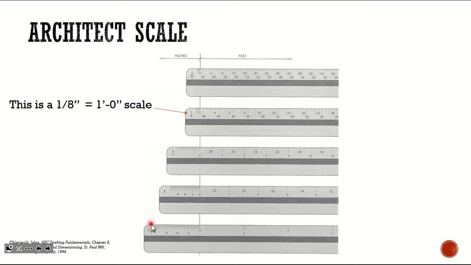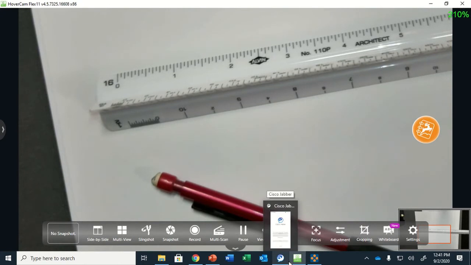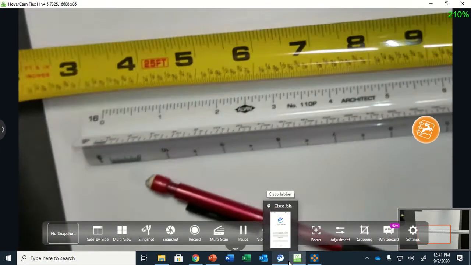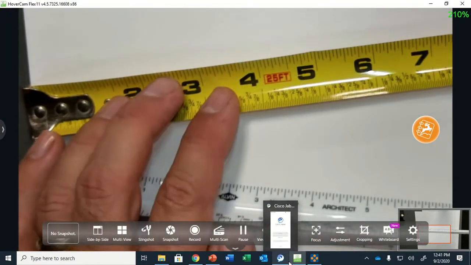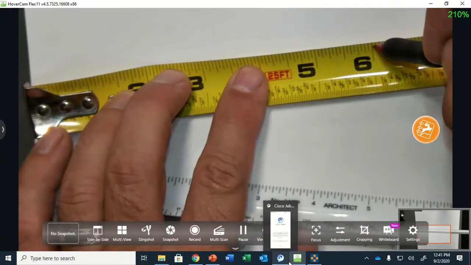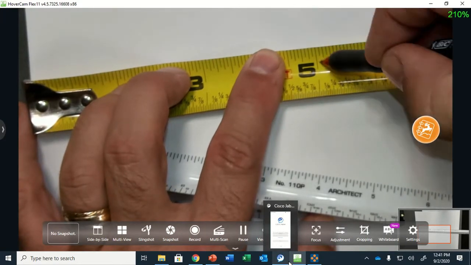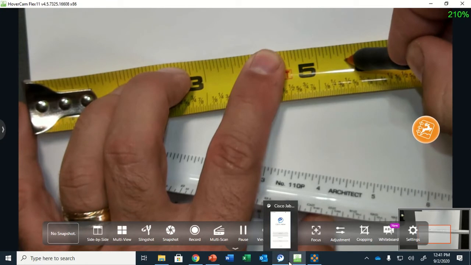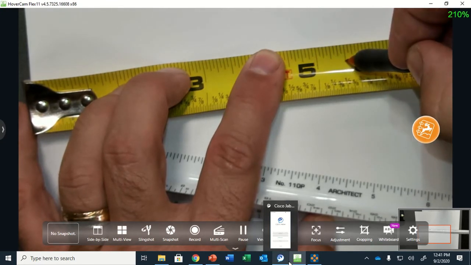So let me go back to the ruler so you can see this. Okay, so I'm going to open up my ruler. From here to here is 1 inch, right? From here to here is 1/2 inch. That is actually, we're shrinking, that's now going to represent 1 foot.